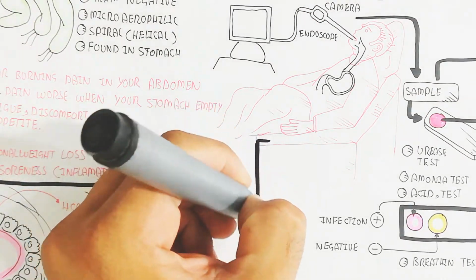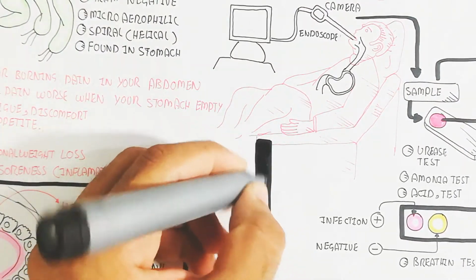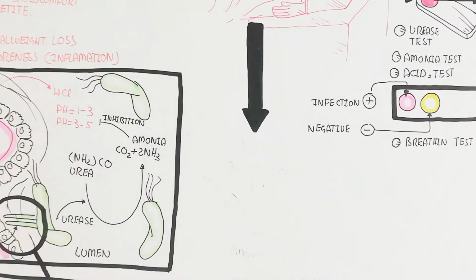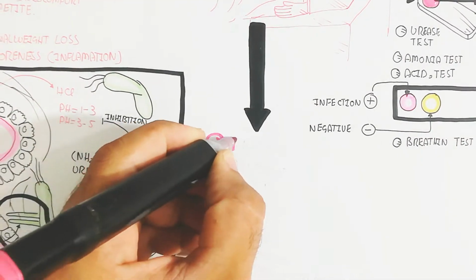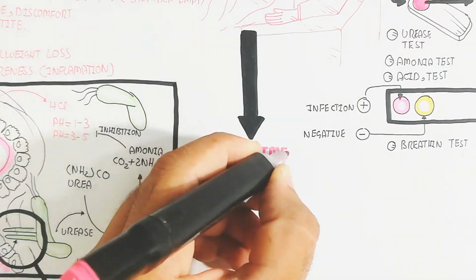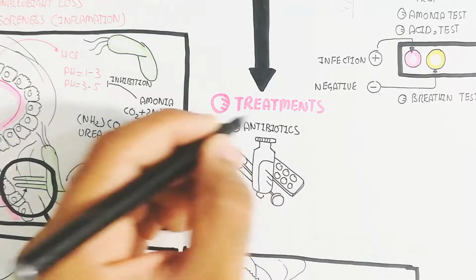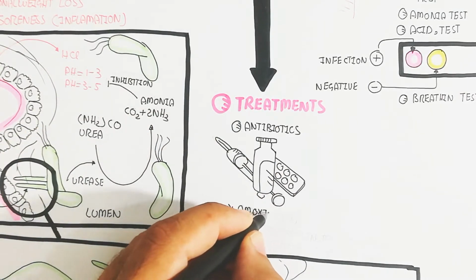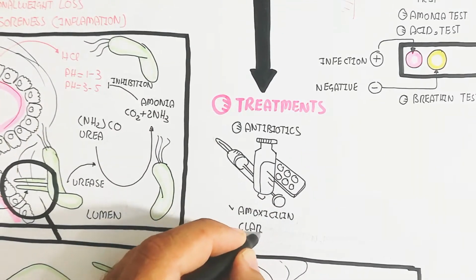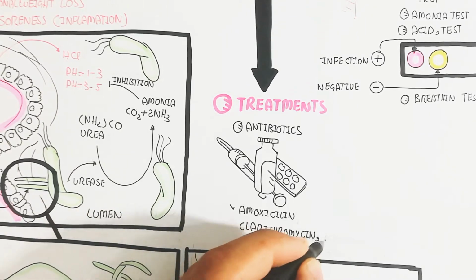So let's understand the treatment, how we treat. The major antibiotics are amoxicillin, clarithromycin, metronidazole and tetracycline.